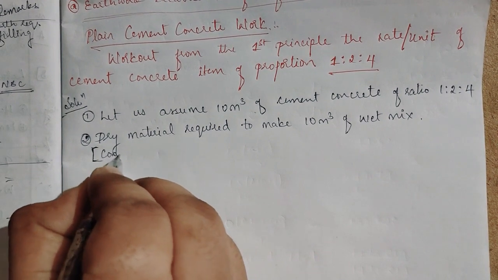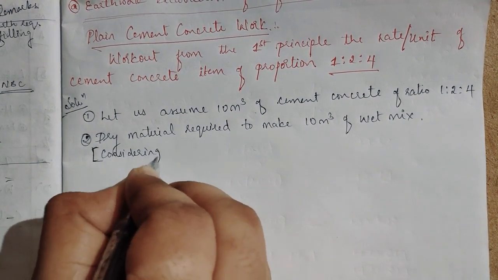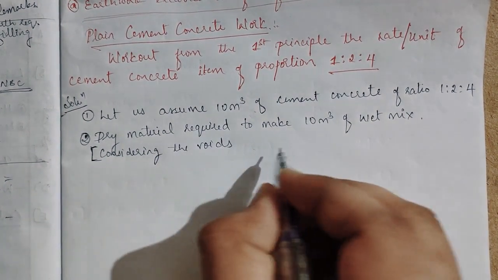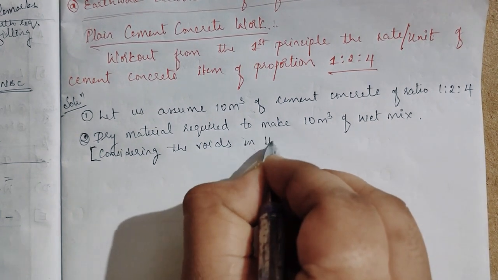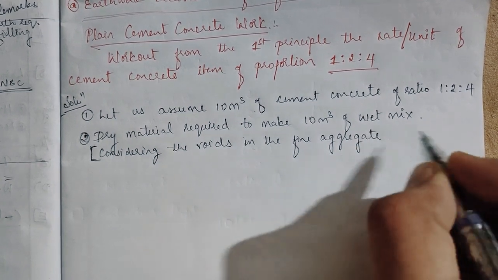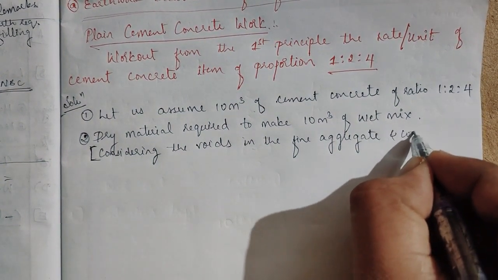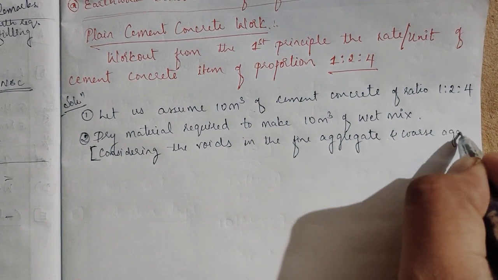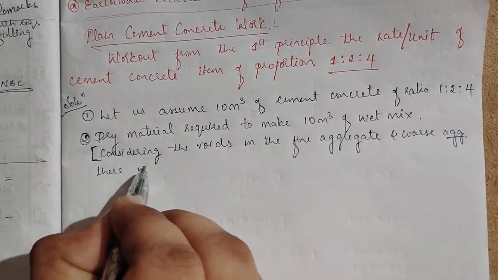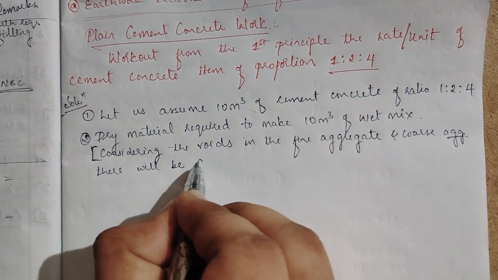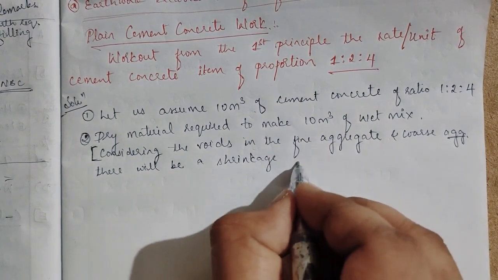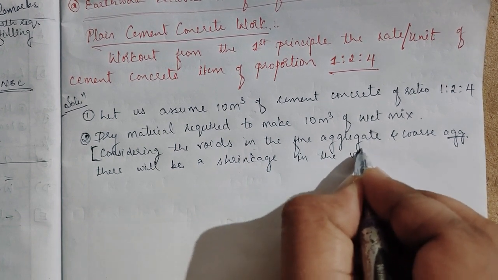So considering the voids, when we mix the fine aggregate and coarse aggregate, there will be a shrinkage in the volume.